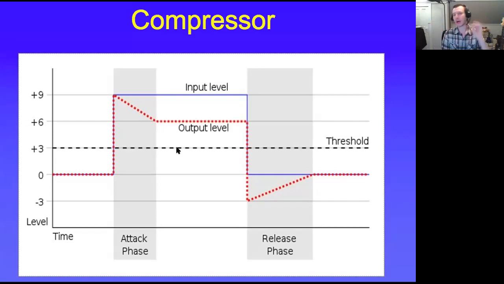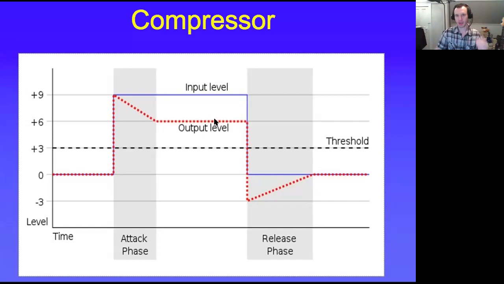So a common set of ratios are 1.5 to 1, 2 to 1, sometimes 3 to 1, 4 to 1, and then you start seeing things jump to 8 to 1, 10 to 1, and after that you get into extreme compressions, which is where you start to enter the world of limiters.